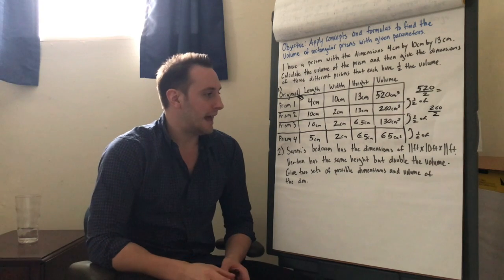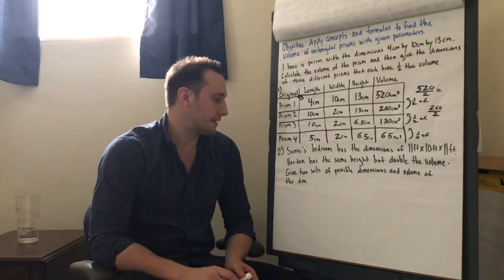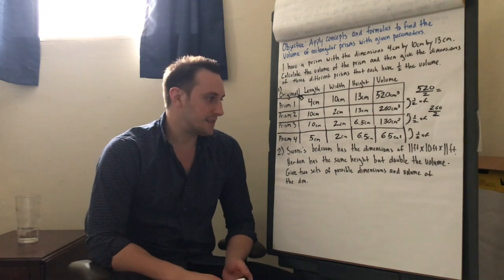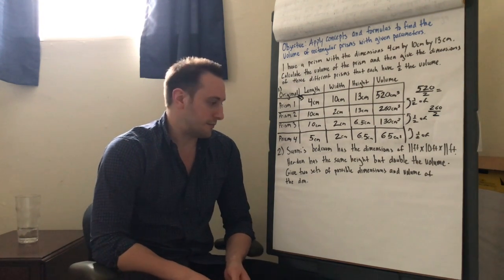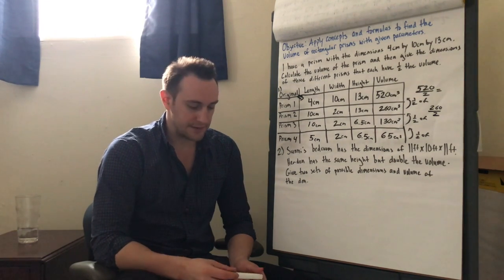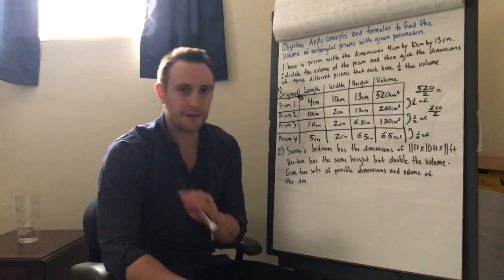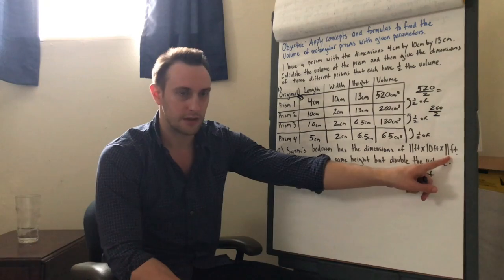Sunny's bedroom has the dimensions of 11 feet times 10 feet times 11 feet. Her den has the same height but double the volume. Give 2 sets of possible dimensions and the volume of the den. First of all, it has double the volume, so the very first thing I want to do is find the volume of this.